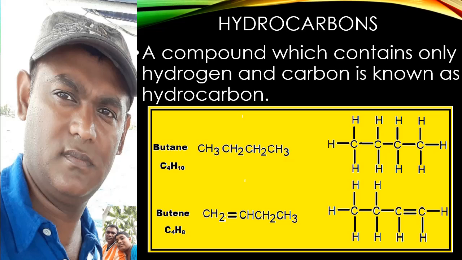Its formula is C4H10. Another example is butene. Its formula is C4H8. Therefore, it contains only carbon and hydrogen along with the double bond in between the carbon-carbon atoms. Therefore, it is a hydrocarbon.